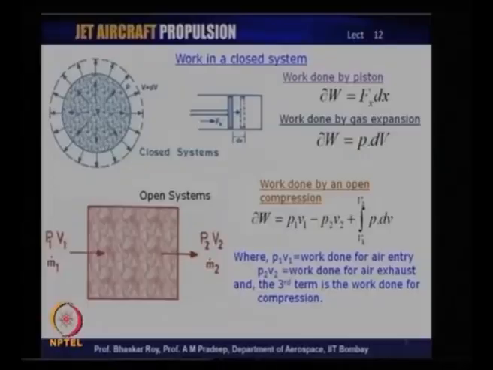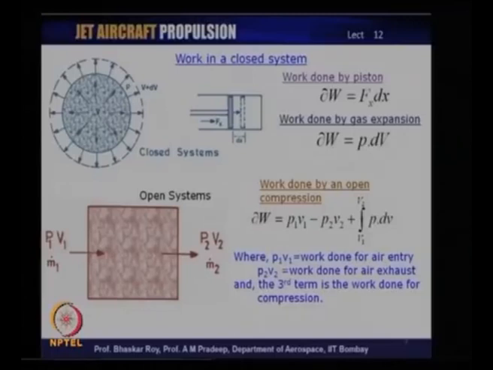To begin with, the flow is coming into a system, which is, let us say, the square red system that we have, and it is coming in with a pressure P1, volume V1, and it has a mass flow rate m dot 1, and it is exiting the system with pressure P2, volume V2, and a mass flow rate m dot 2. It is possible under many systems m dot 1 would be equal to m dot 2, but that is a separate issue.